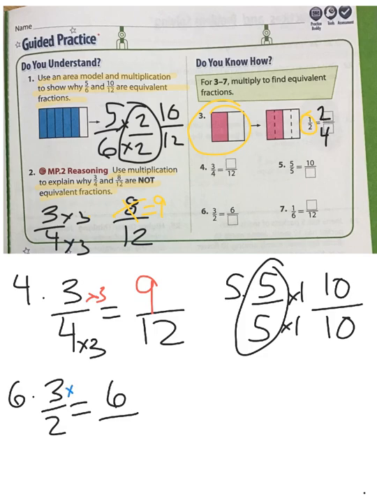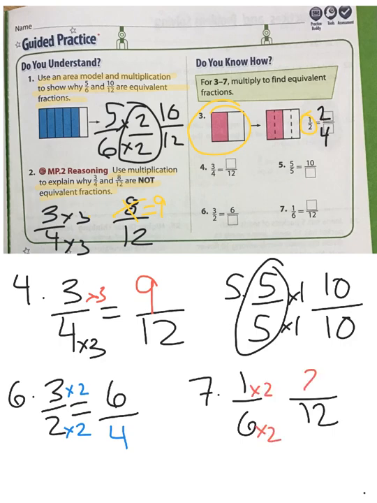Well, I know 3 times 2 is 6, then I need to multiply 2 times 2 and get 4. And number 7, I have 1/6, and then I have 12. Well, 6 times 2 is 12, so I know 1 times 2 is 2.